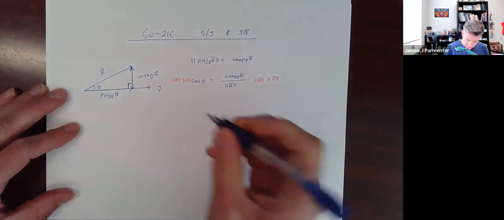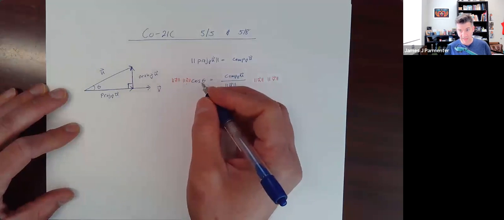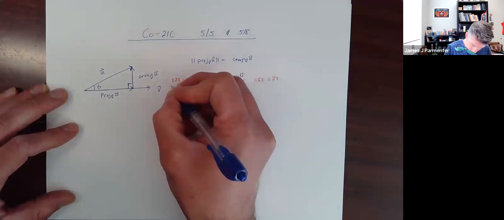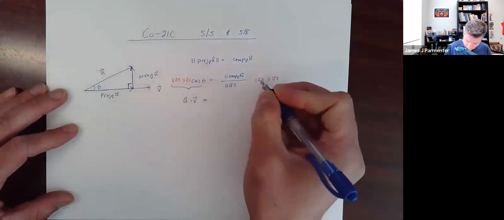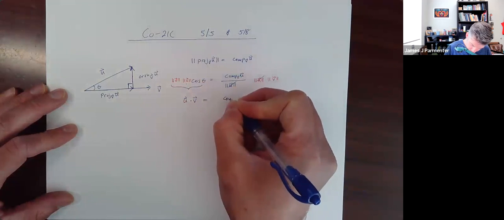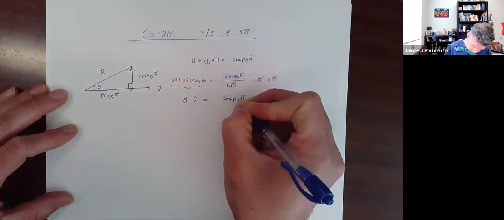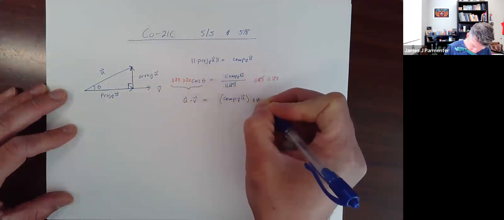So then this left-hand side, the magnitude of u times the magnitude of v times cosine of theta, the angle between them, is just u dot v. And over here, the magnitudes of u cancel, and you get the component of u onto v multiplied by the magnitude of v.